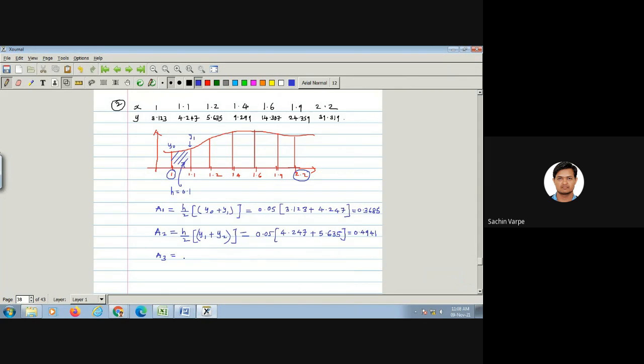Similarly, I can get the area A3, that is h by 2 times y2 plus y3, that is 0.05 times 5.635 plus 9.299, which equals 1.4934.